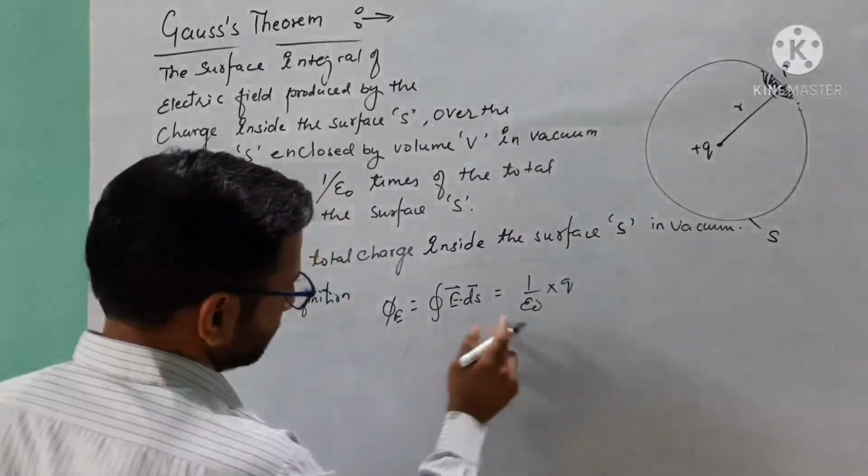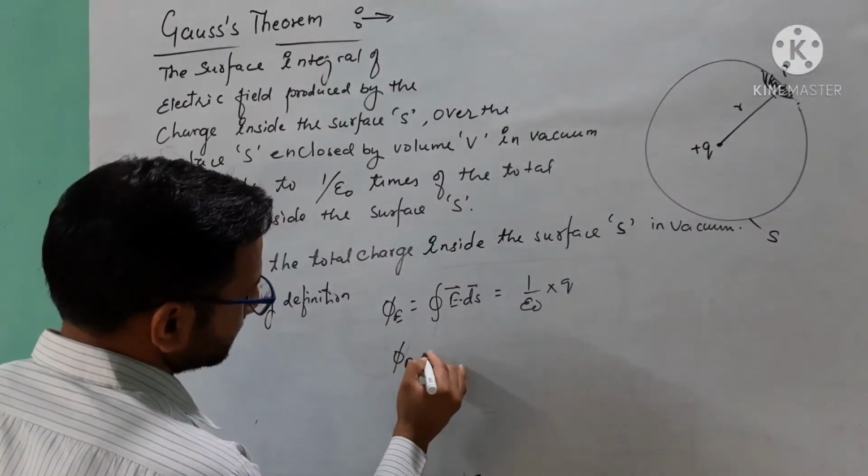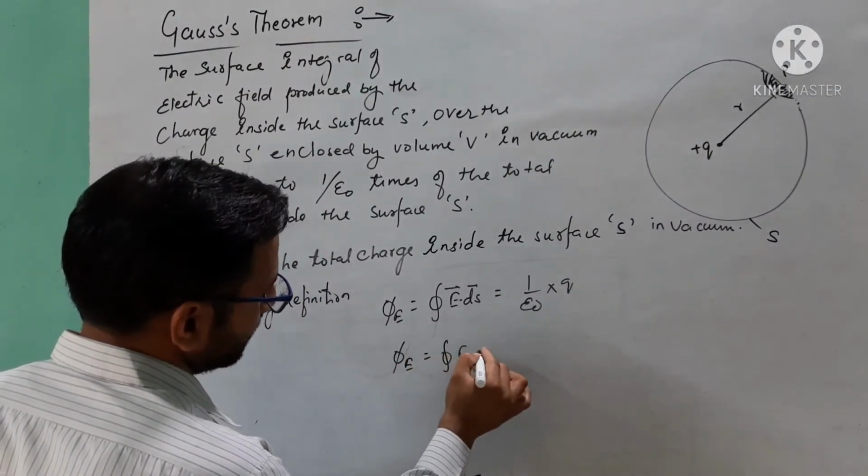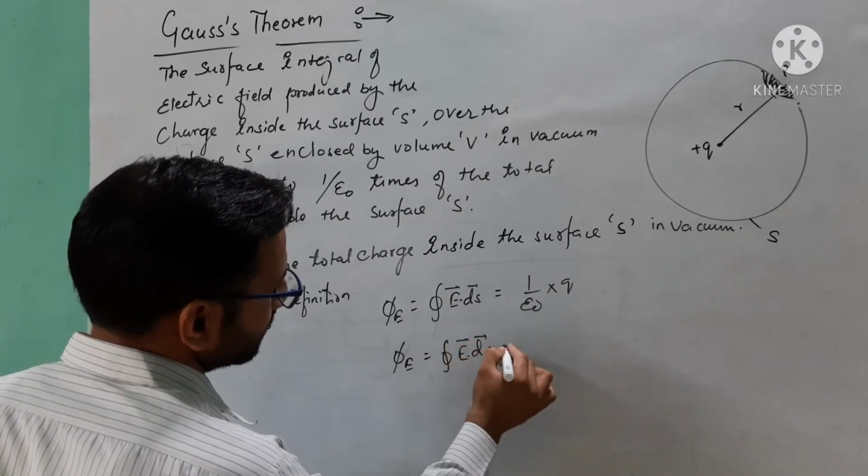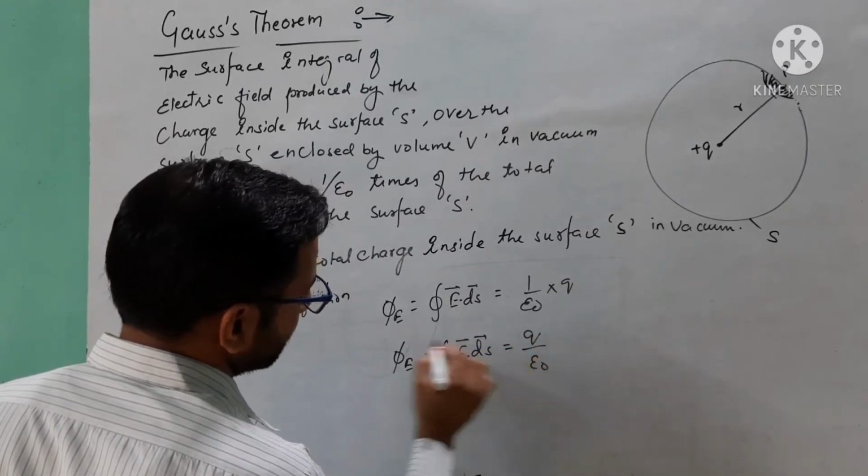You can express it as the surface integral of E dot dS is equal to Q over epsilon naught.